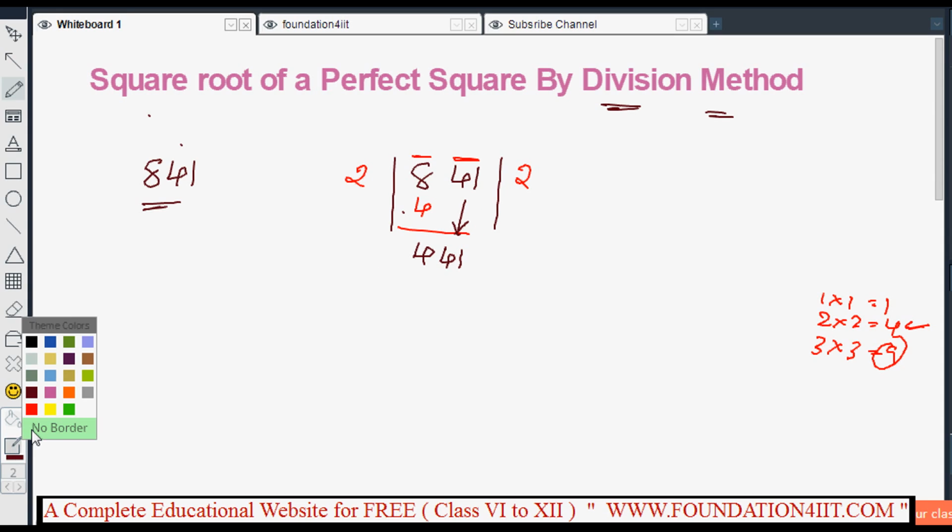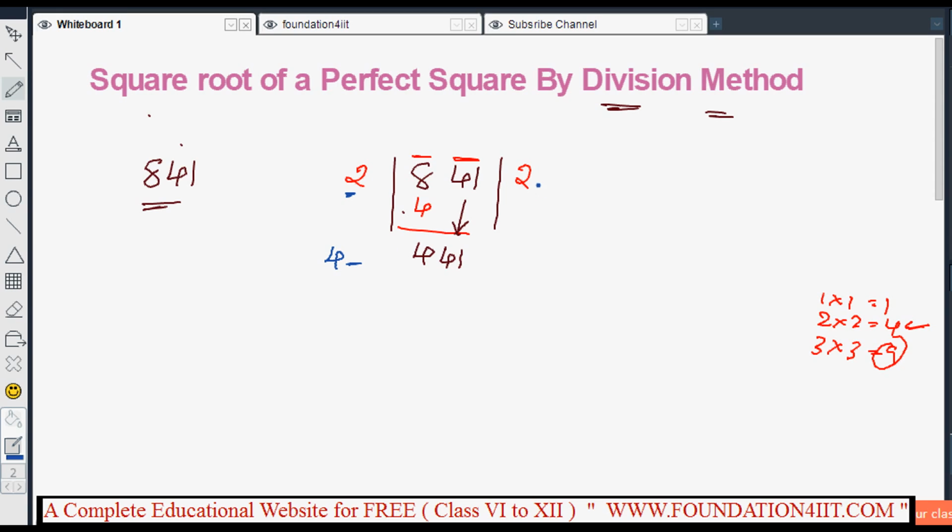Next, the method is: the divisor number 2 should be doubled, so it becomes 4. We add the unit number to the divisor, so we add 2 again, that is 4. Now 4 is in the tens place, and we need to check for the units place.